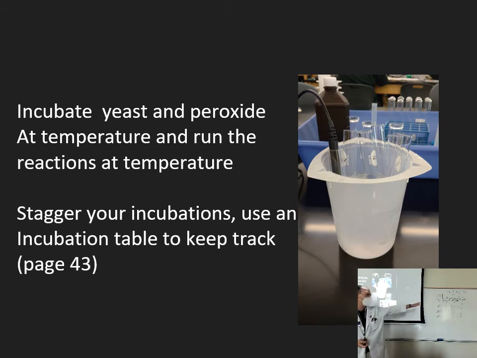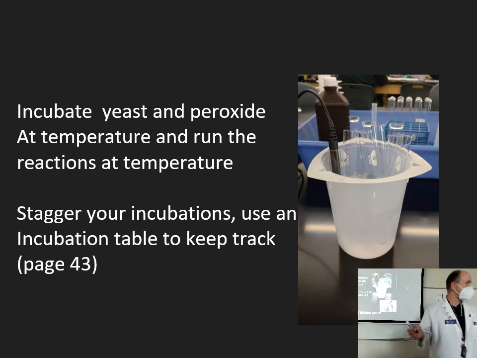Now, I've never used one of these in semesters where we've only incubated for 1 minute. Maybe it's not as useful as when we did it for 5 and students forgot when things went in and out, but you can try it, okay? That's what an incubation table is to help you keep track of when did this go in, when does it need to come out, and then you can keep track of several at once if they're all incubating at the same time.